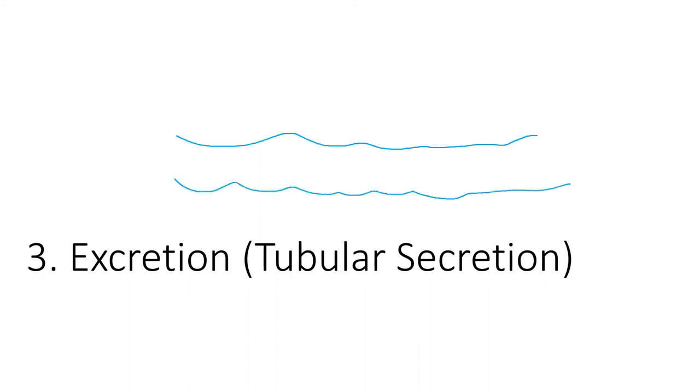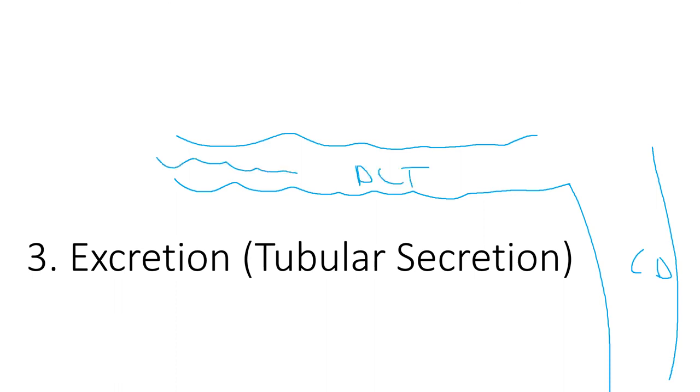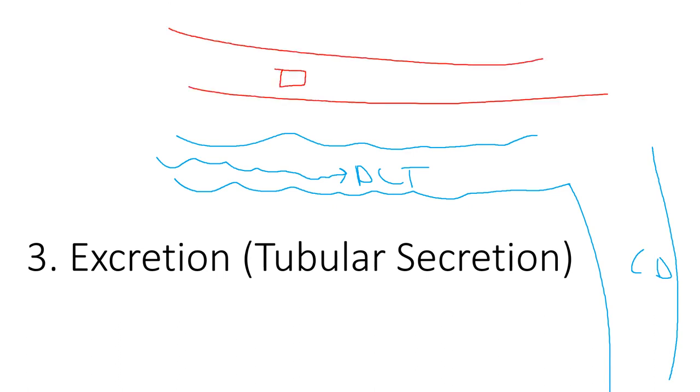Here's the distal convoluted tubule and here's the collecting duct. We've got stuff coming down here that's ready for excretion, but we've also got stuff in the blood that's, remember, the big stuff that didn't get filtered, that we've got to actually put back into the filtrate so that then it can go down the collecting duct. So we've got to look at this last process of how things actually do get excreted.